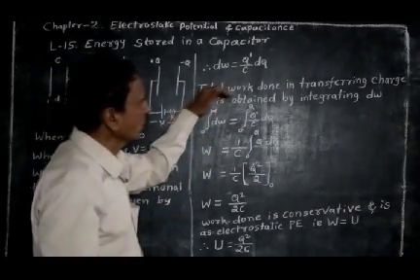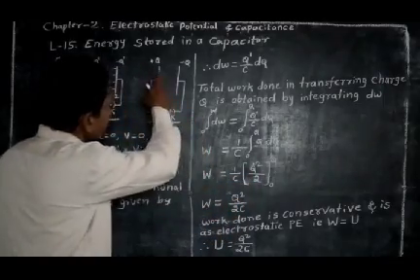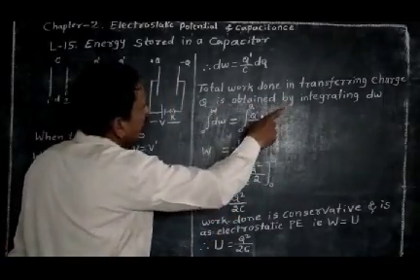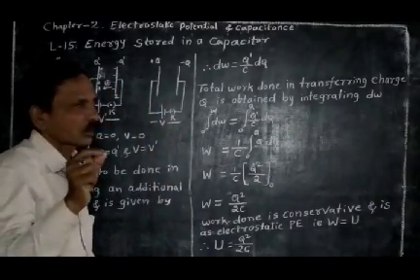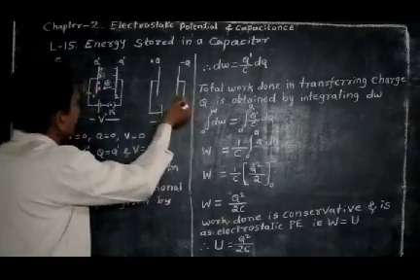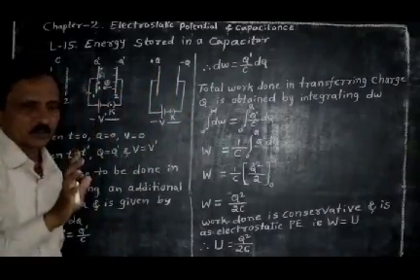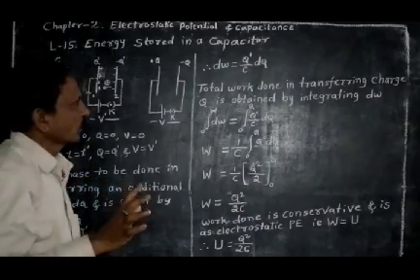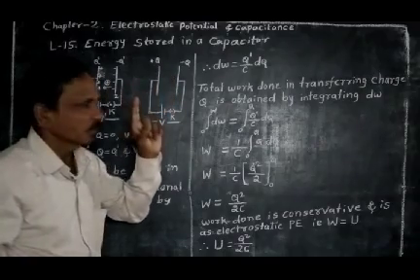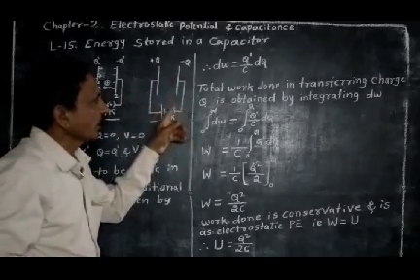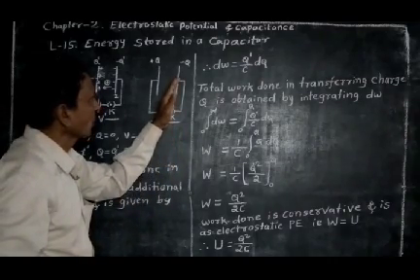Therefore, the total work done in transferring total charge q is obtained by integrating dW. Small amounts of charge dq are transferred and the sum of all dq's is equal to q. Therefore, adding all dW's, or integrating dW, we get the total work done in transferring the total charge q.